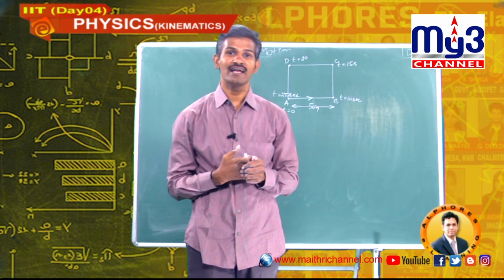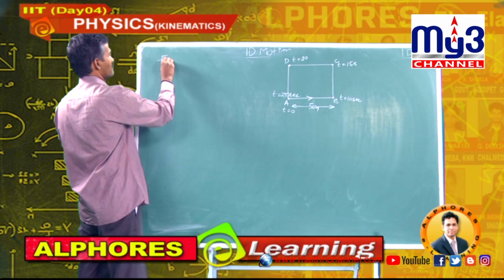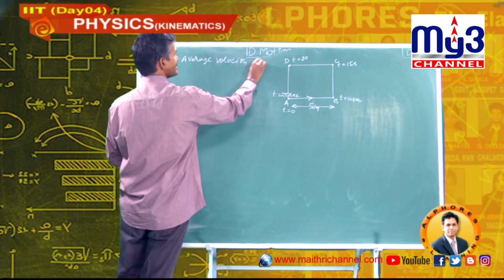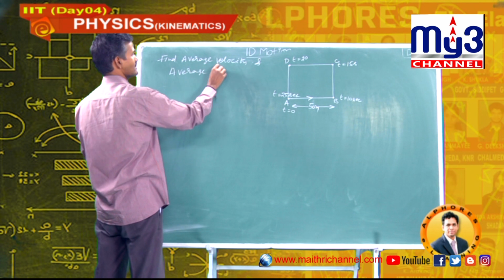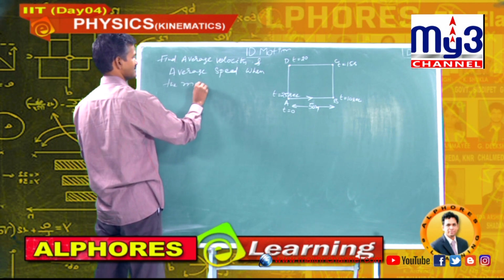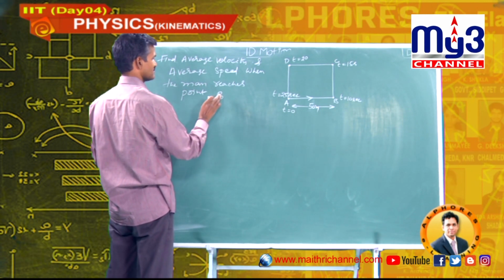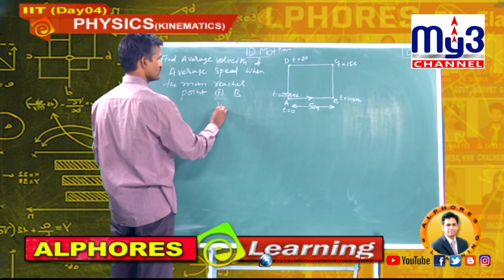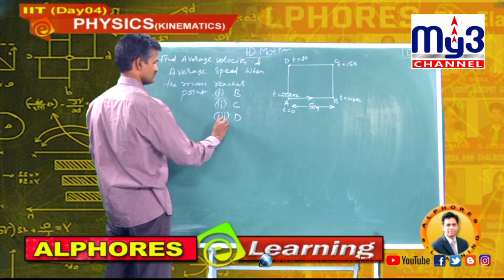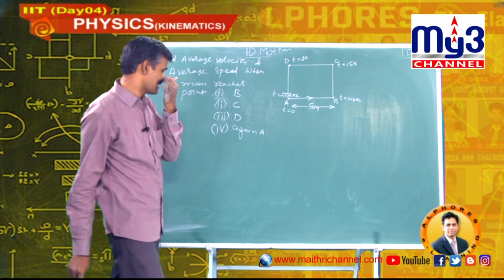How to calculate average velocity when he reaches point B, point C, point D. Find average velocity and average speed when the man reaches points B (1), C (2), D (3), and again A (4).